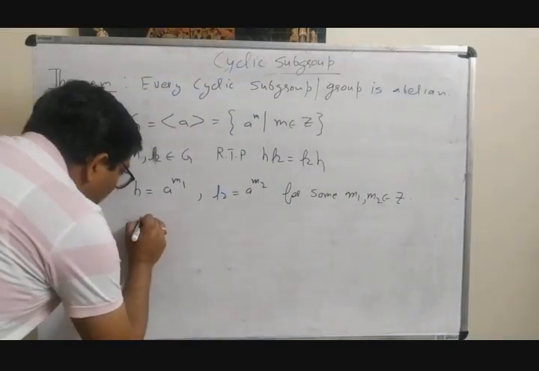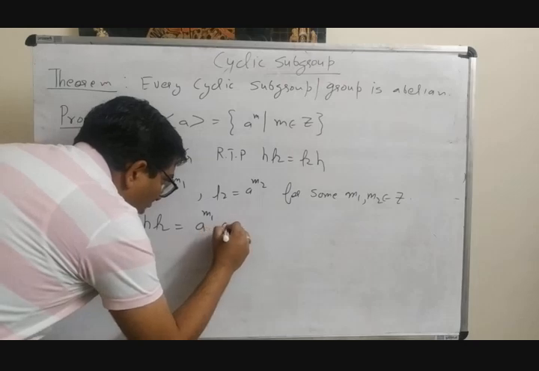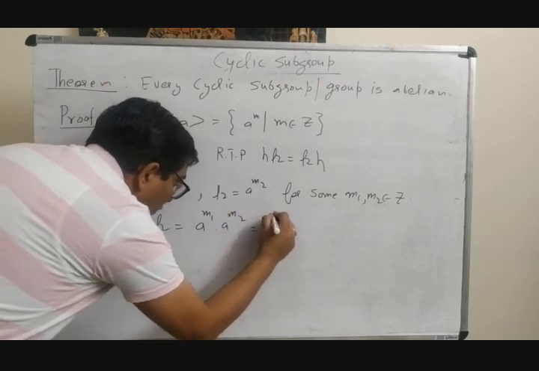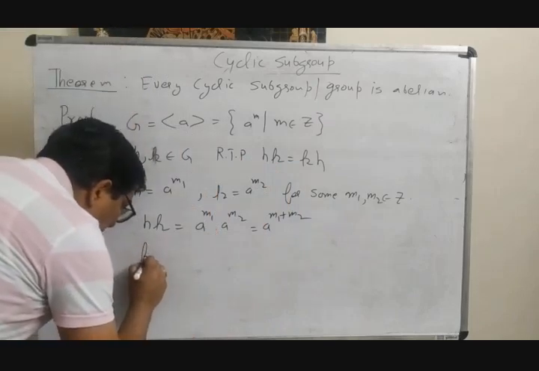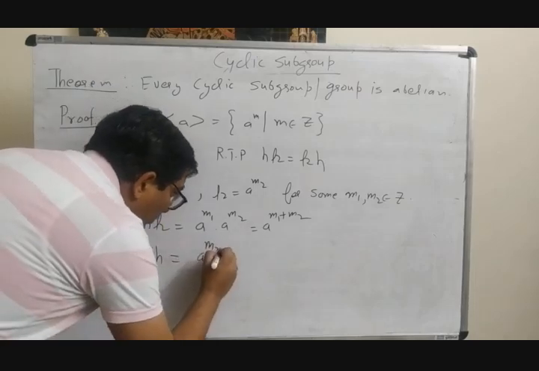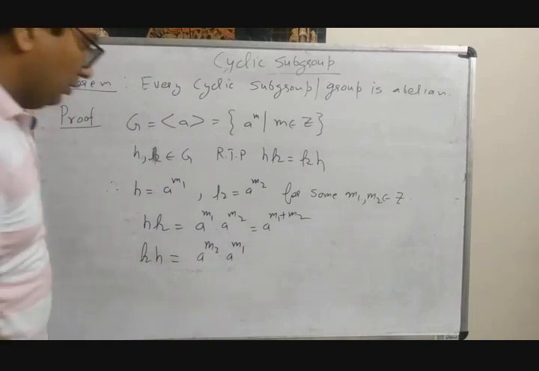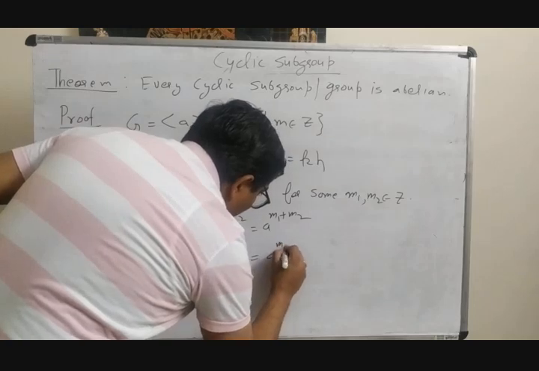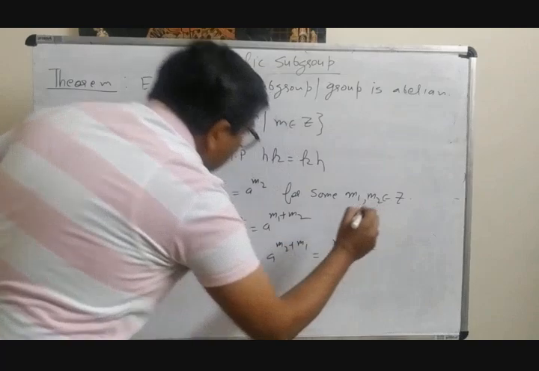So what is HK? HK will be A raised to power M1 times A raised to power M2, which is equal to A raised to power M1 plus M2. And what is KH? KH will be A raised to power M2 times A raised to power M1, which is equal to A raised to power M2 plus M1, which is basically A raised to power M1 plus M2.